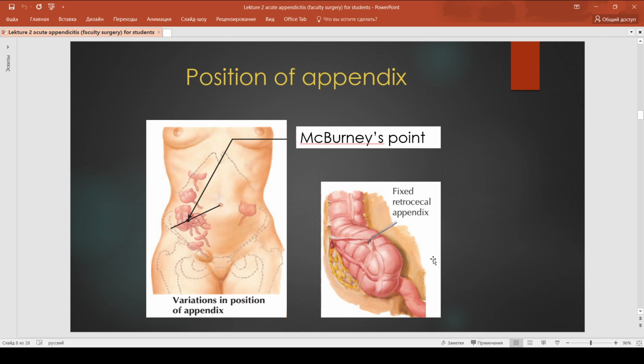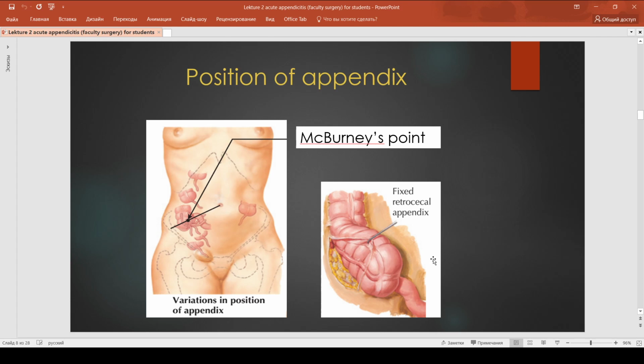It can be below the liver or behind the liver. It can be pelvic, and it also can be on the left side.